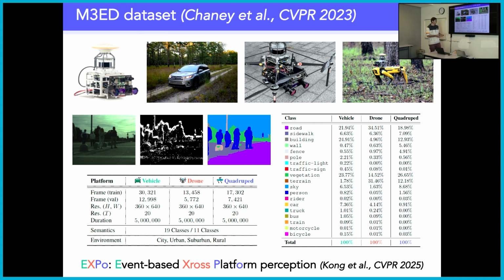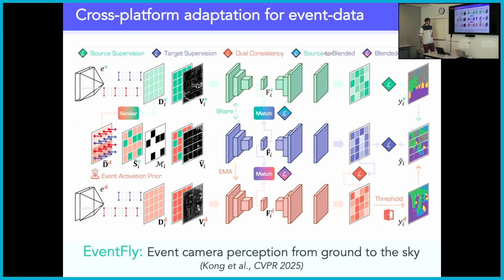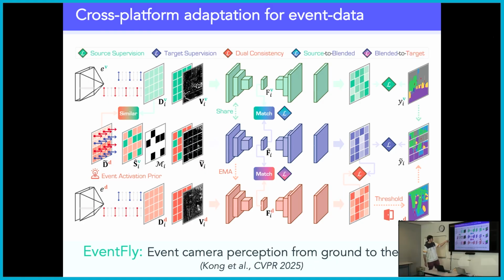And so based on that, we wanted to be able to extract knowledge from one domain to the other. This is also a work of Ling Dong. Here the idea is that we have a network that is able to do semantic segmentation from event data. This is fixed, and this is the source domain. For this one, we have the labels, so we are able to learn something.